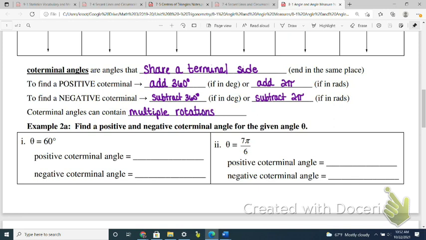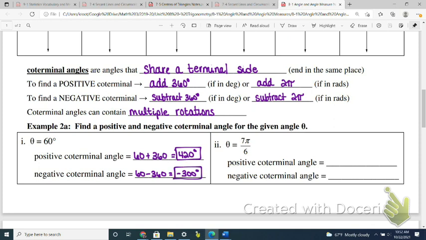So if I want to find a positive coterminal angle for 60 degrees, I'm going to take 60 and add 360 to it. I get 420. A negative coterminal angle, I'm going to subtract. So 60 minus 360 is a negative 300 degrees.